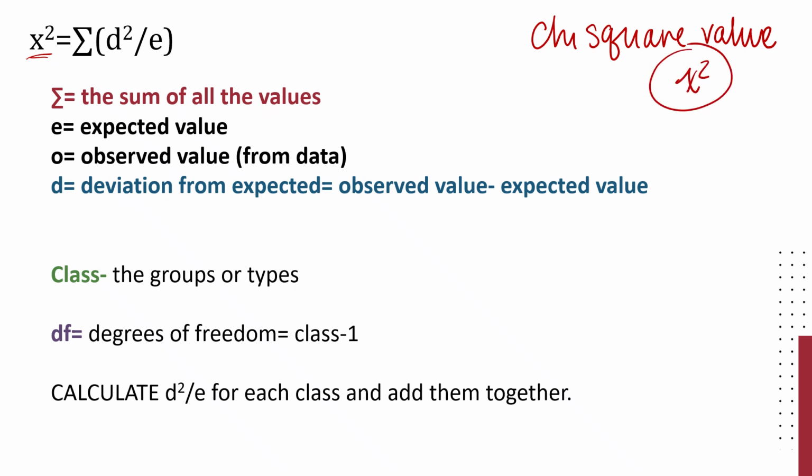And we need some information in order to calculate this. First, this symbol here indicates that we're going to take the sum. So we are going to take the sum of a set of these d squared over e values. In your lab, you have a fancy little chart that's going to help you do this really, really easily. E stands for our expected value.